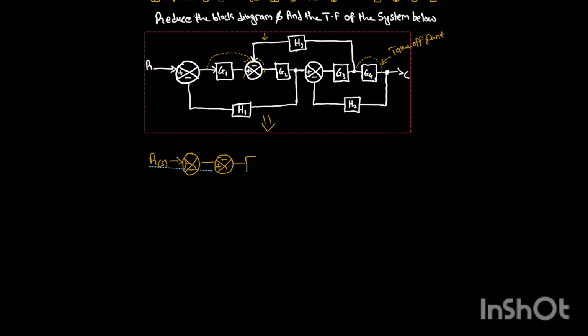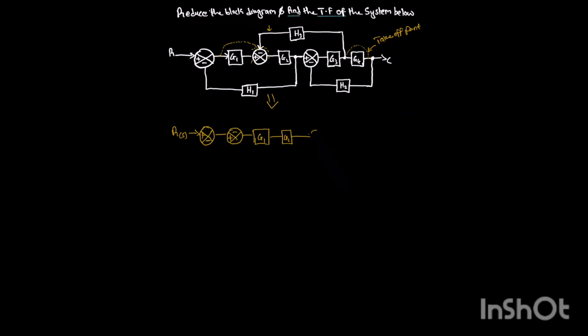Then I put my block G1, and this plus and this minus. So I do it like this. Here we have our H, and we come over here. I'm just drawing it in the same way it's supposed to be.